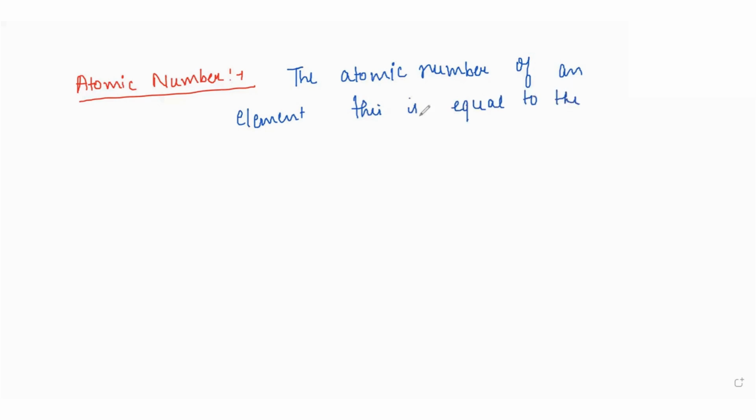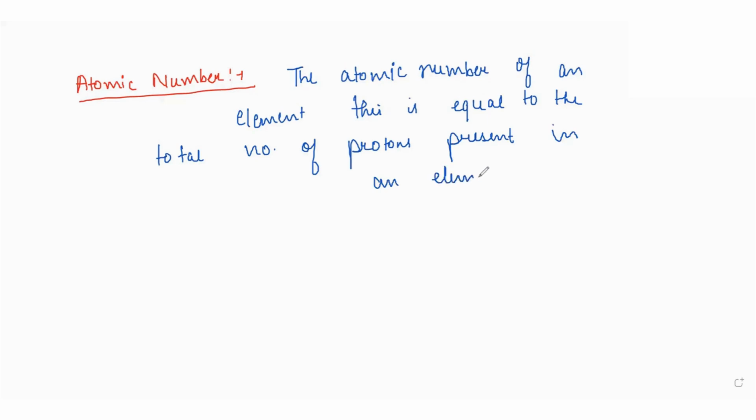So the atomic number of an element is equal to the total number of protons present in it.